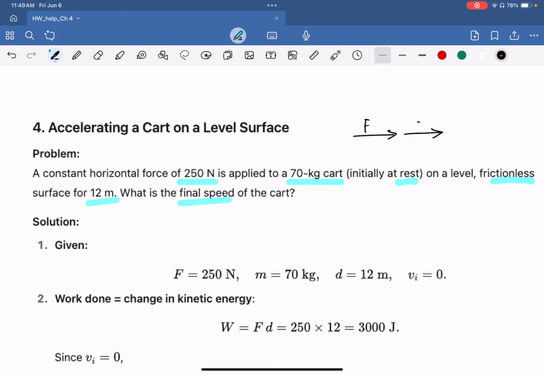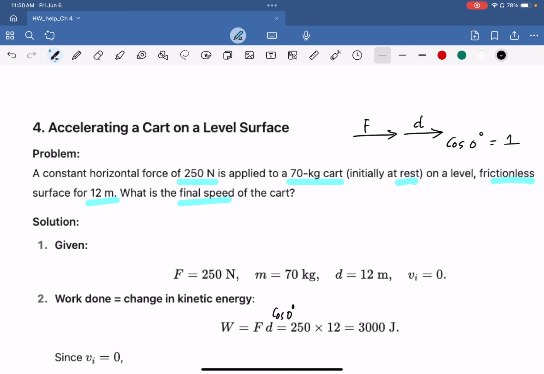So the angle is 0 degrees. If you take cosine of 0 degrees, you get 1. So if you wanted to use that formula, there's no problem. It will not change the answer. You would get 250 times 12 times 1, which is 3,000 joules.